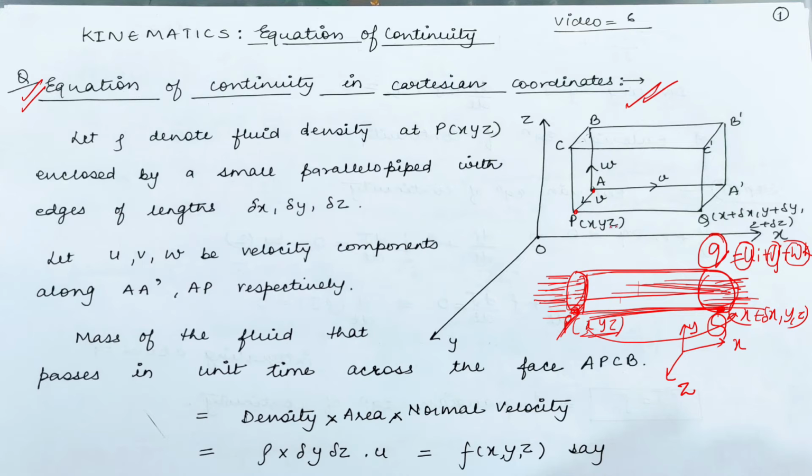It has coordinates x, y, z. The velocity component along AP is v, along AA dash is u, and along AB is w. The point P is this and the point Q is this, and the coordinates of point Q are x plus delta x, y plus delta y, and z plus delta z.